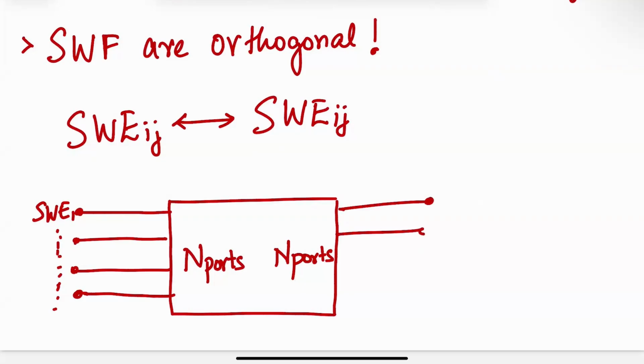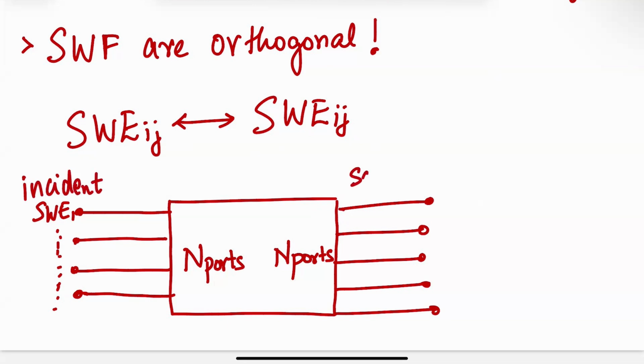And my outputs are also spherical wave functions. If I treat it as a system like this, I have incident waves. So this is my incident field, which I've decomposed into a spherical wave expansion. And this is my scattered field, which I can also decompose into a spherical wave expansion.